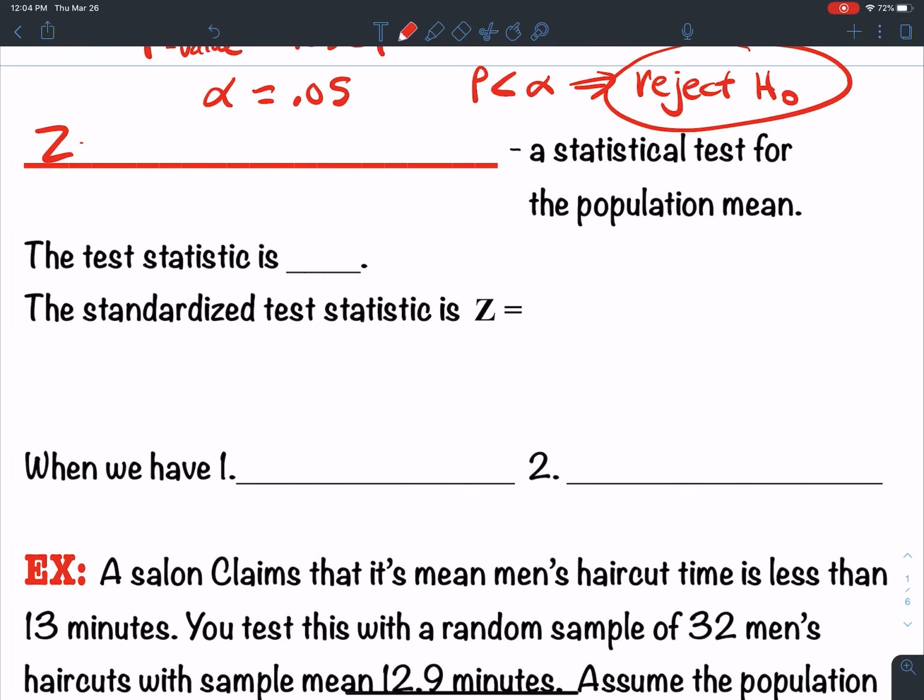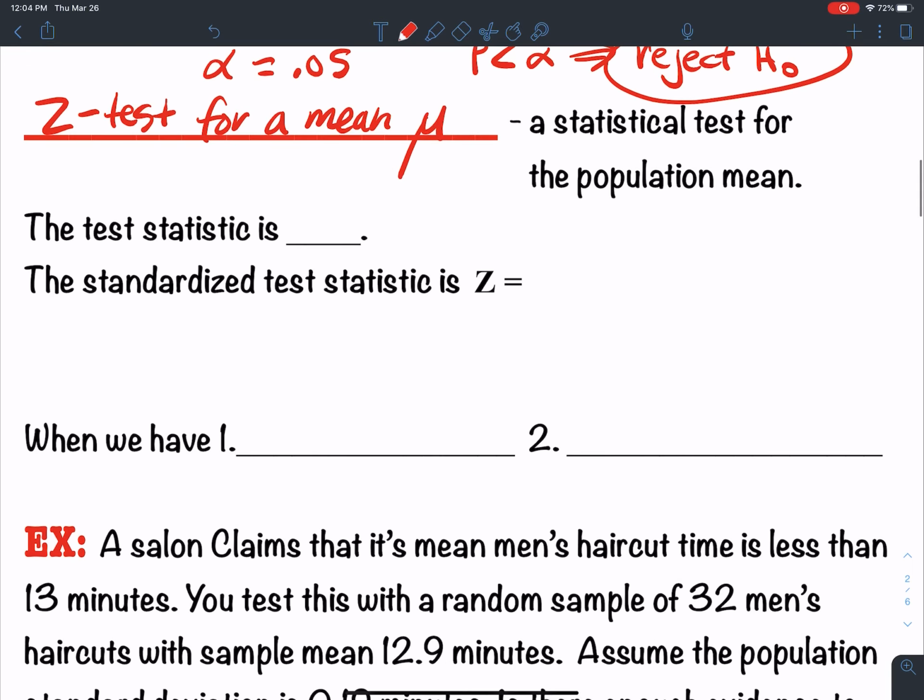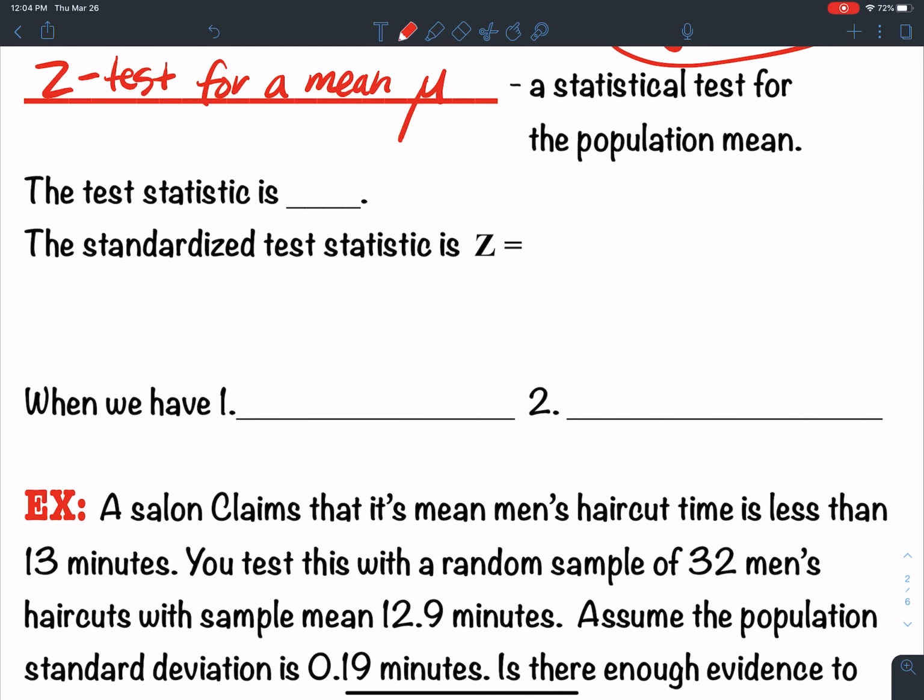The z-test for a mean, mu. Very important here. This is the hypothesis testing for the mean when I know sigma. So it's a statistical test for the population mean mu.